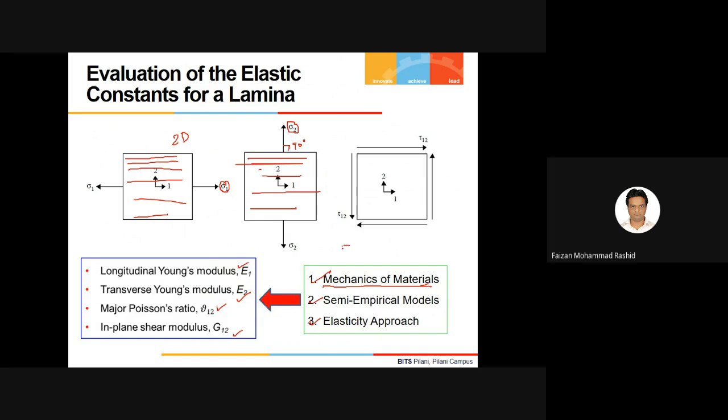The mechanics of material approach is one of the most basic ones, which you people have used in your code, but we found that there are issues. For E1 calculation it is okay, we can go ahead with this one, but the moment I need to calculate E2 and G12, we were getting a lot of gap between the experimental data and the prediction.